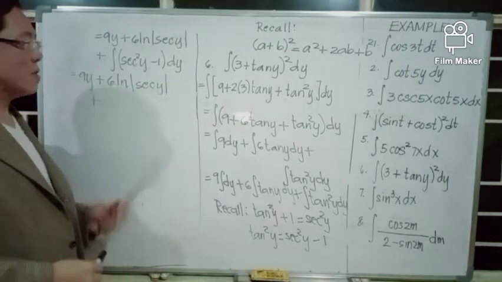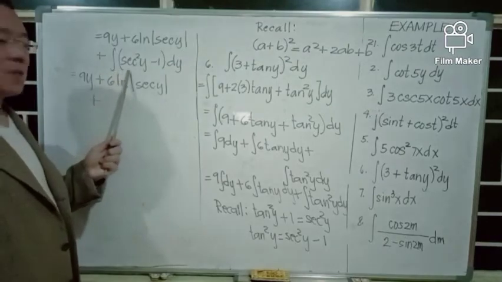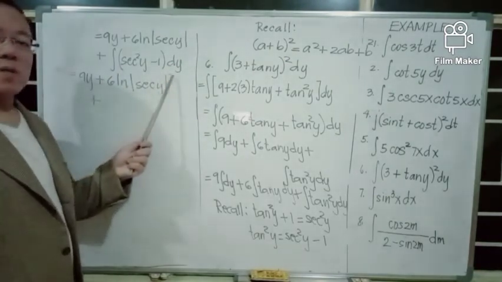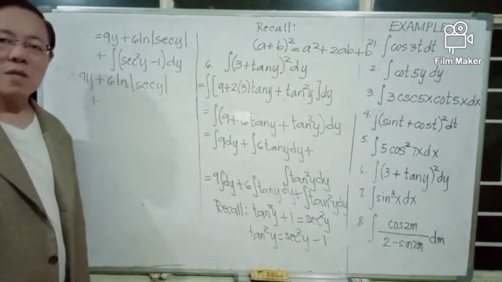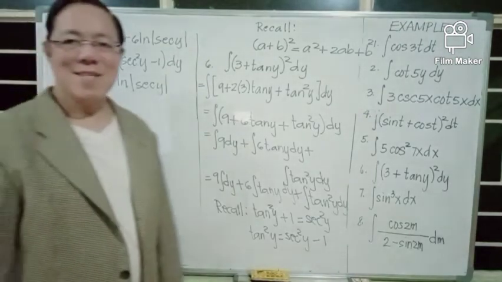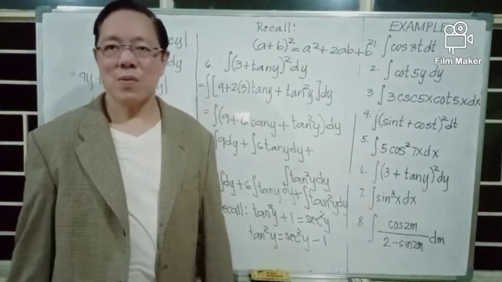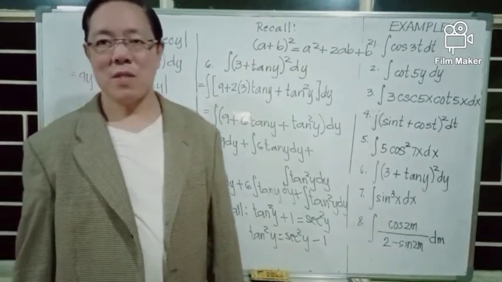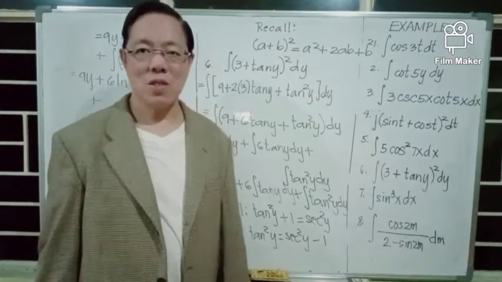For the third integral, the last term, the integral of secant squared y minus 1 with respect to y, we use the integration rule for the integral of the difference of two functions, which says the integral of the difference of two functions is equal to the difference of the integrals of the two functions.